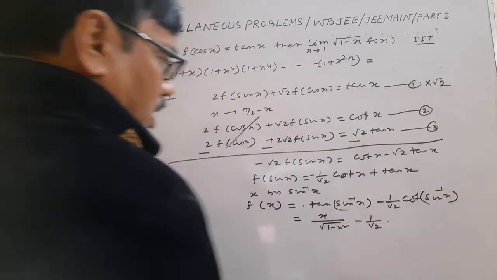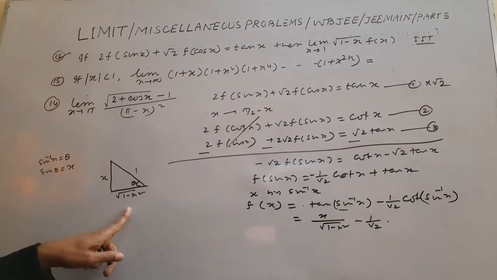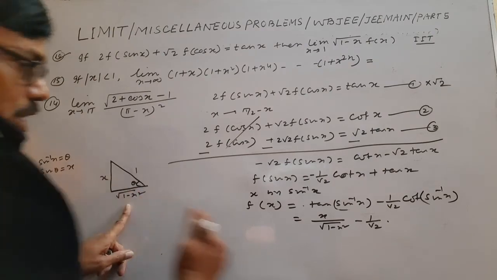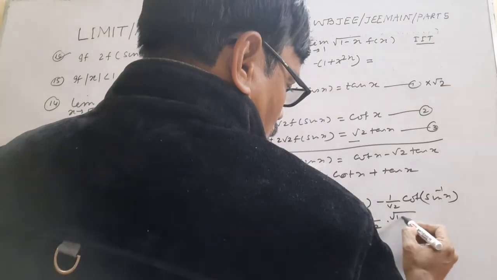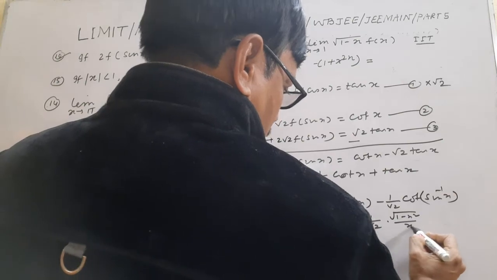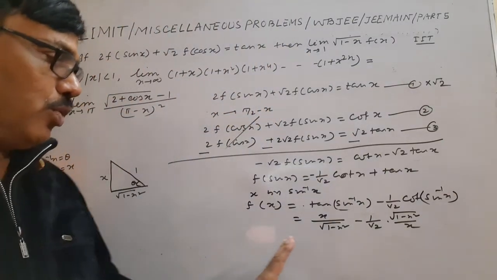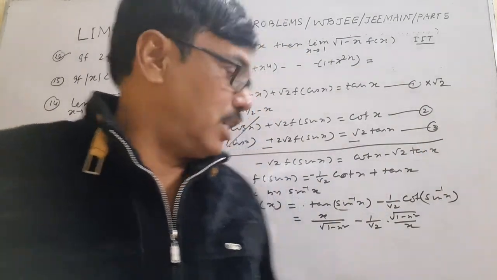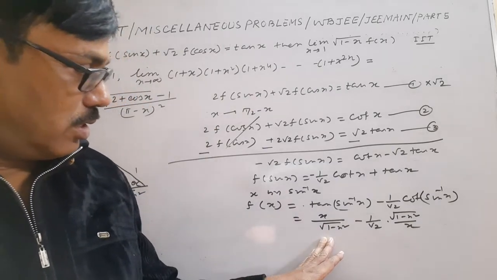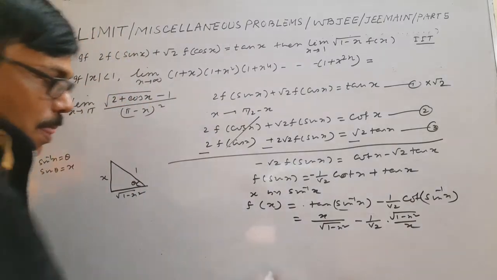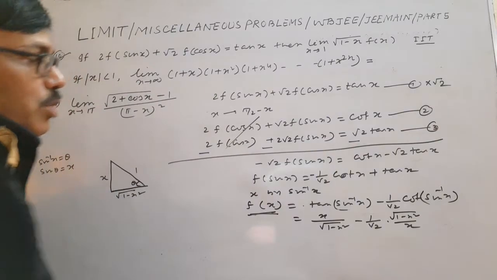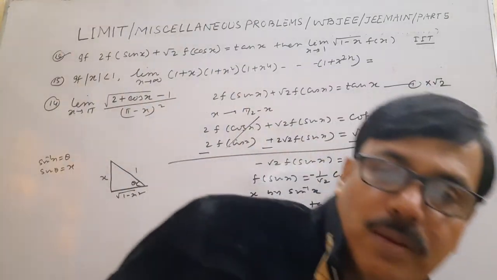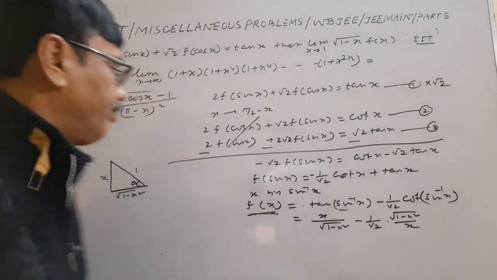And this is −(1/√2) cot θ, that is √(1 − x²)/x. So this is f(x). This is actually a problem of functions.